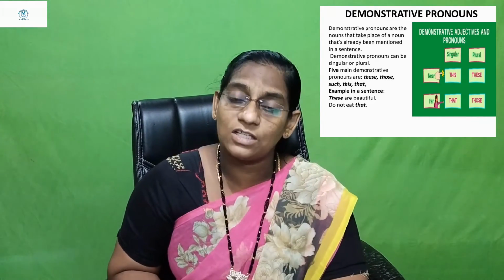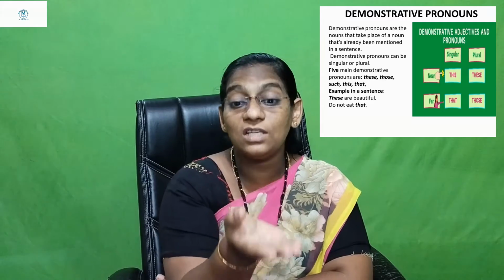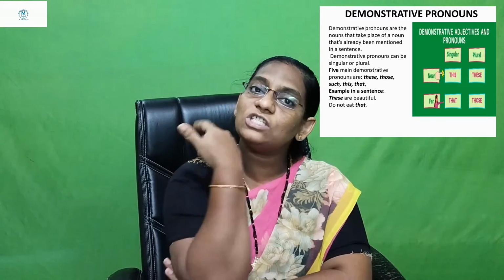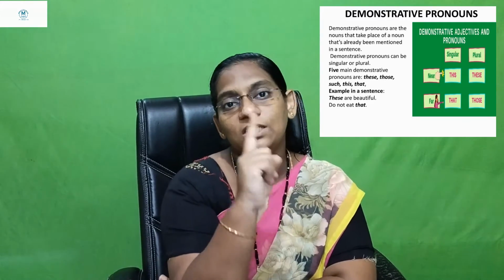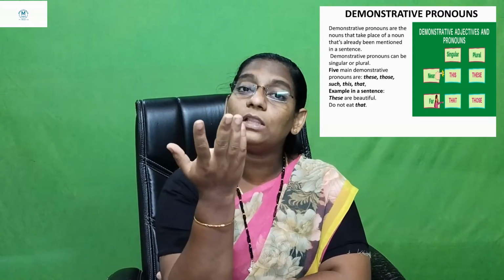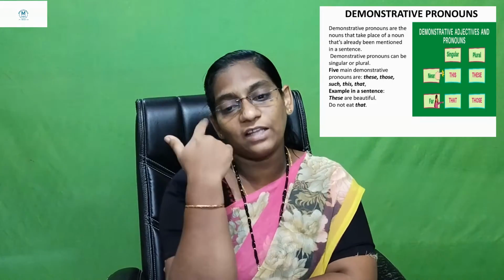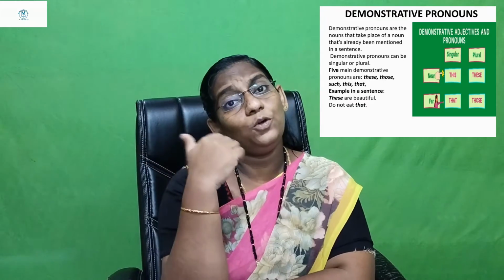Now, demonstrative adjectives and pronouns. When something is nearer to you, then you use this and these. When you are talking about a singular thing you use this, and when you are talking about a plural thing you use these. At the same time, when you are talking about something which is far, you use the singular that, and the plural those, because they are far from you.